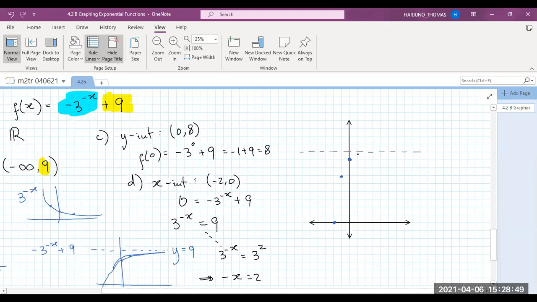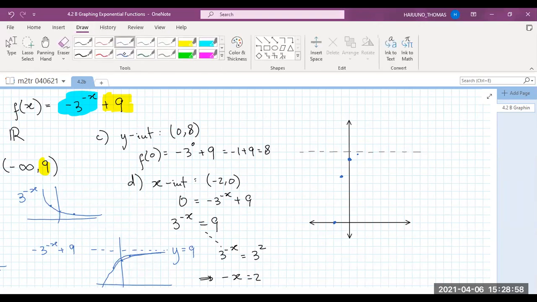Now, like we have said before, if the base is big, then the graph turns a lot sharper. It gets flat really early, really fast, but then it shoots to infinity a lot faster too. Okay, that's what the graph looks like.